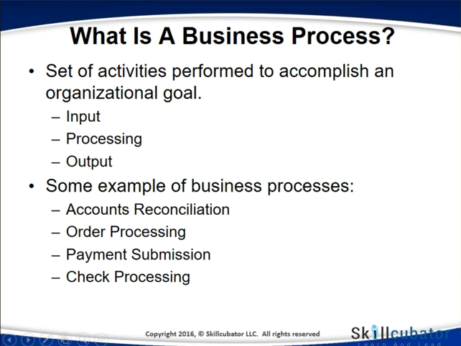So the first thing what we will discuss is what is a business process. As you can see here, the business process is a set of activities performed to accomplish an organizational goal. Now this is a definition, but let me give my own explanation of a process.